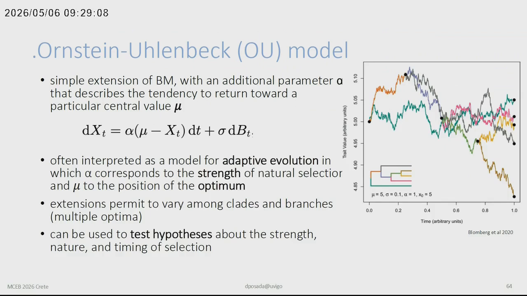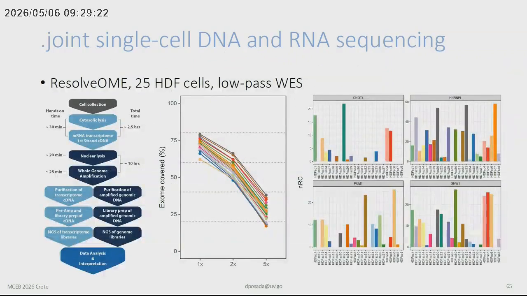So we are now using OU models to estimate parameters like the strength of selection, and whether you have a one-optimum or multiple-optima model of selection for your transcriptional programs along the evolution of the cells. And we can do this because we now have the techniques to amplify and get the genome and the transcriptome from the same cell.